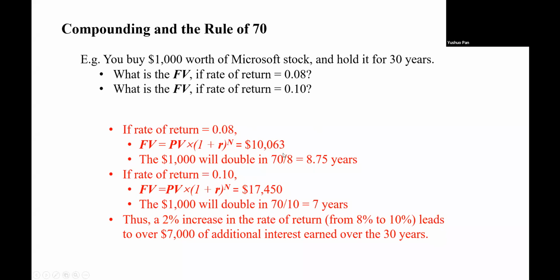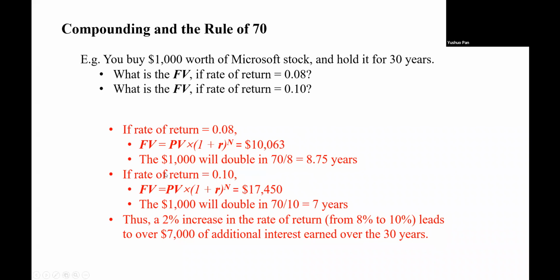From 8 to 10, your future value almost doubles. So that's the reason why only a small change of the rate of return or interest rate, if I give you a long enough time, makes the difference huge.